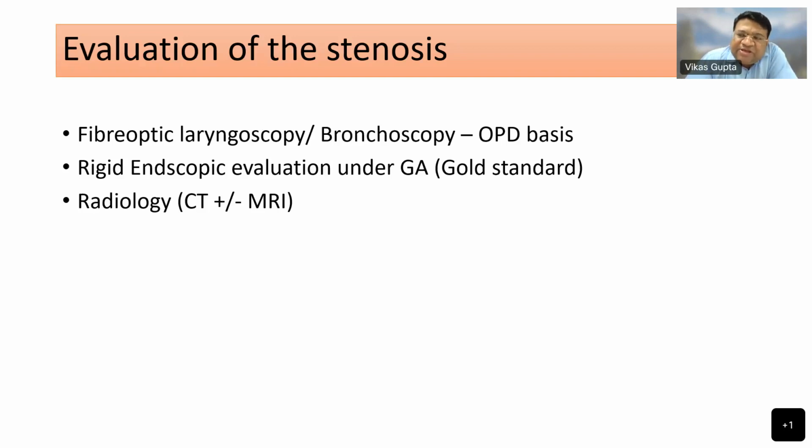So when we see these patients first, if the patient is in severe stridor, we try to get a chest X-ray done to have a rough idea of the site of stenosis and the length of stenosis. This is very important. If you have time in OPD, we should always try our best to get an idea of the site and the length of the stenosis, because this patient is already in stridor.